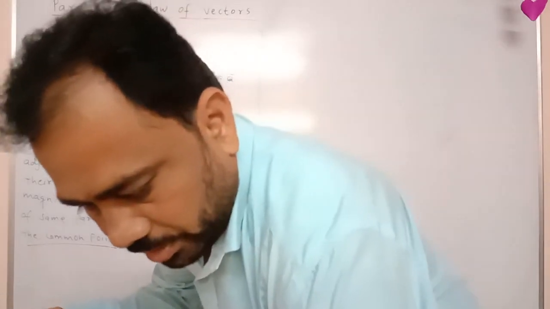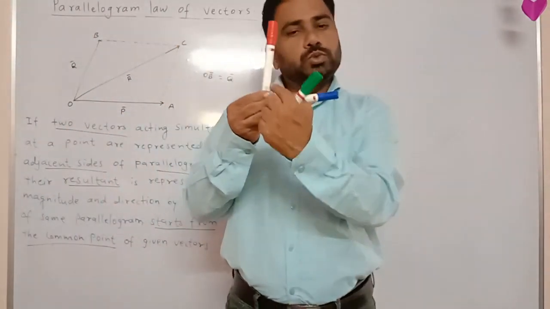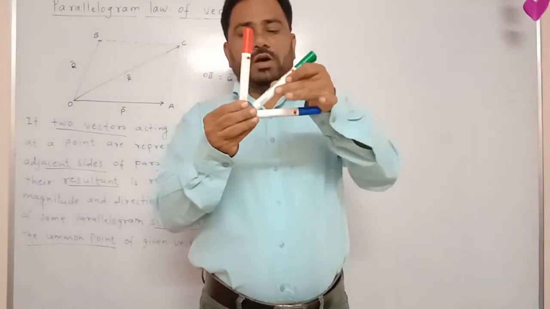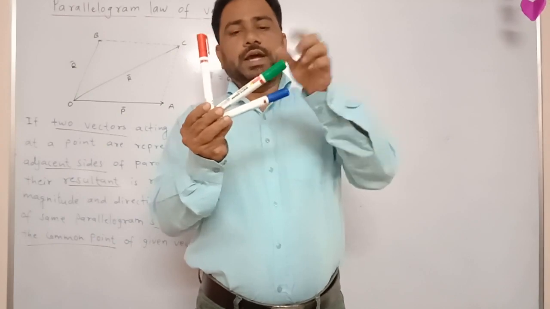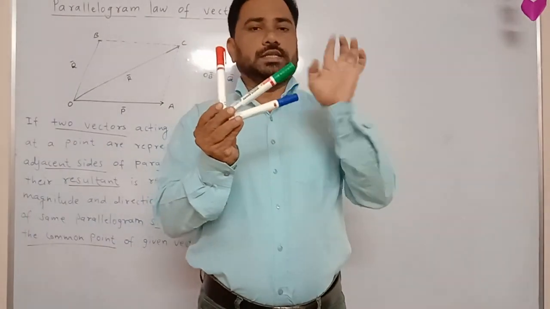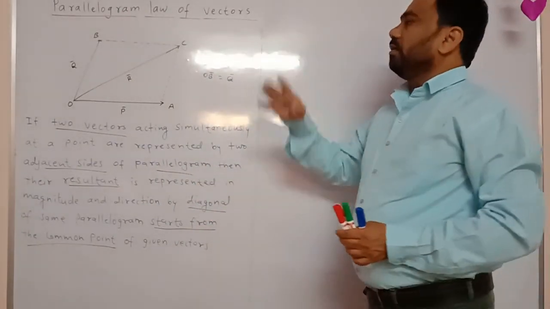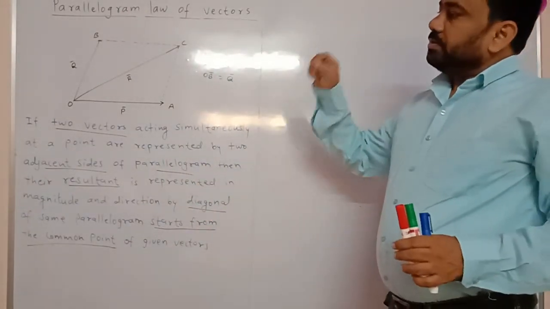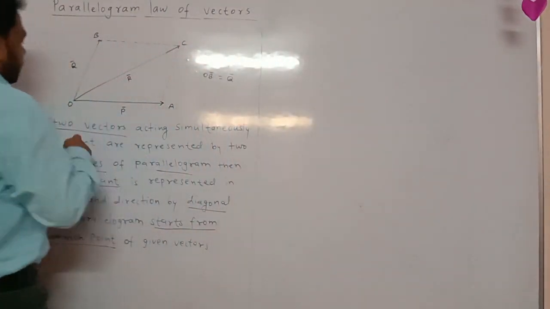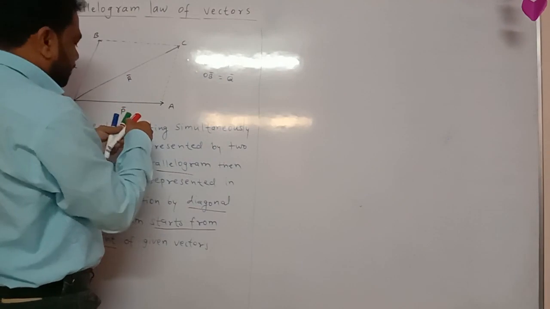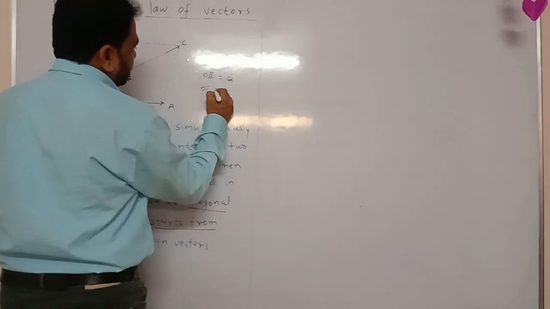From the common point of these two vectors, if we draw a diagonal of this parallelogram, then this diagonal represents the resultant. Which one is the diagonal here? OC. OC is the diagonal, and OC represents vector R.